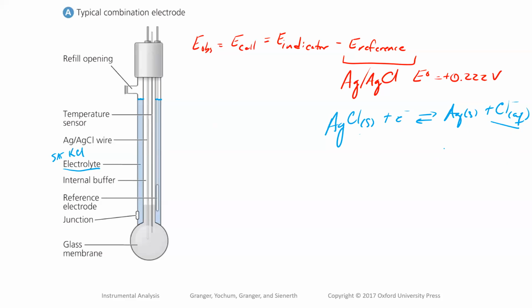If we have a little solid KCl at the bottom, if we use up any of that Cl minus, it's going to be replaced by some of that KCl that will dissolve. If we have any extra Cl minus, it's going to precipitate out because now we're over our saturation threshold. And so this electrolyte solution is a saturated KCl solution. Right?